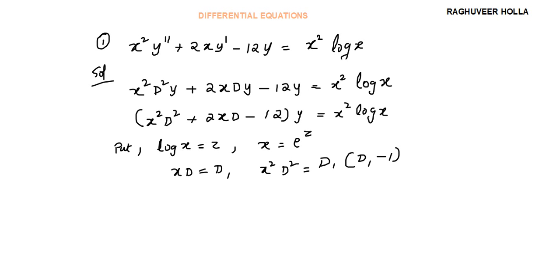So this is d1 into d1 minus 1 for x square d square, and this is 2 times d1 for xd, minus 12 multiplied by y, which is equal to x square log x.